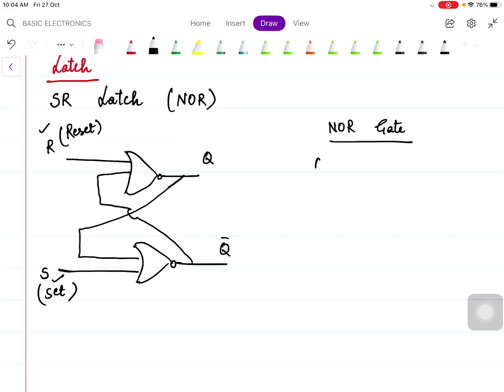In the NOR gate, let A and B be the two inputs and Y the output. There will be 4 combinations at the input side, and the output is (A plus B) whole bar. So 0 plus 0 gives 0 bar, which is 1. 0 plus 1 gives 1 bar, which is 0. 1 plus 0 gives 1 bar, which is 0. 1 plus 1 gives 1 bar, which is 0.